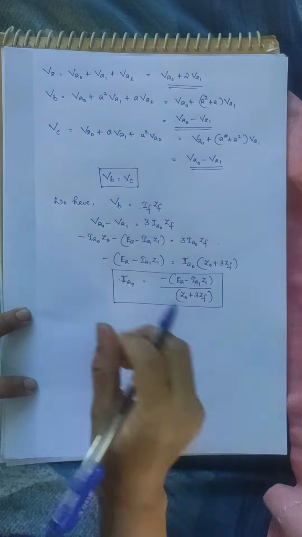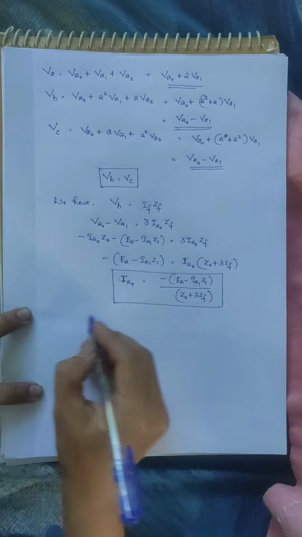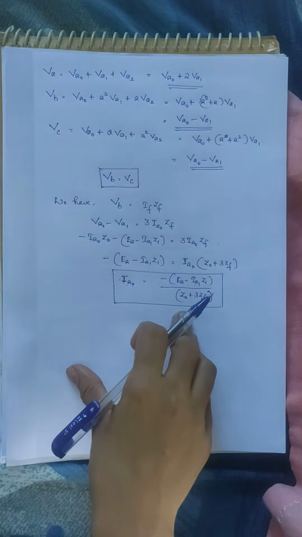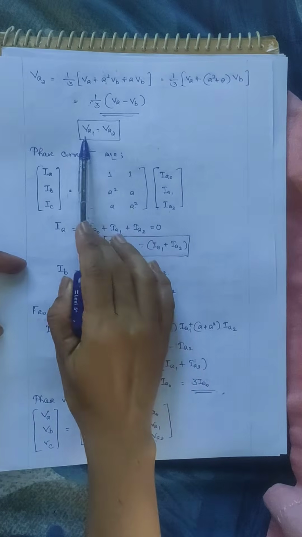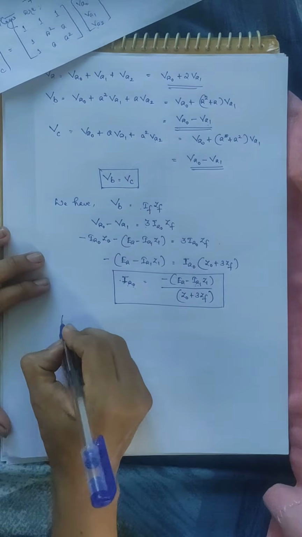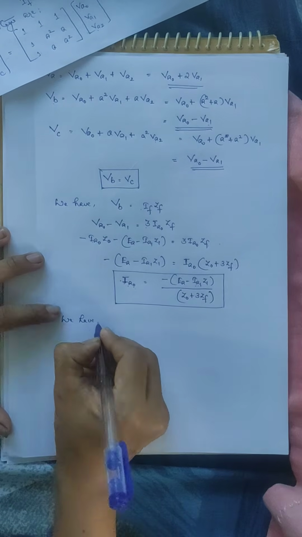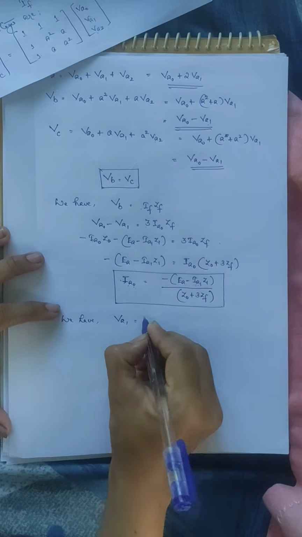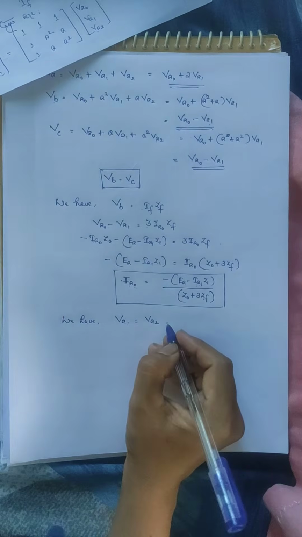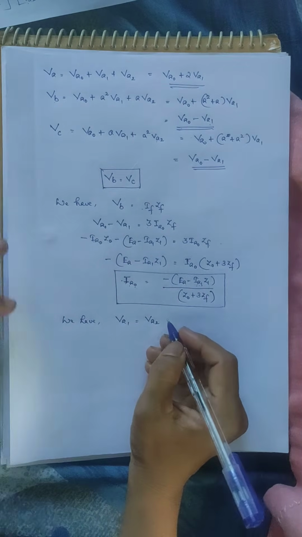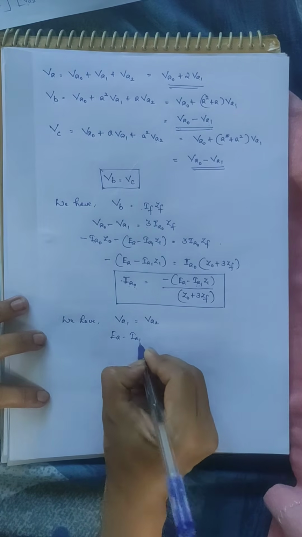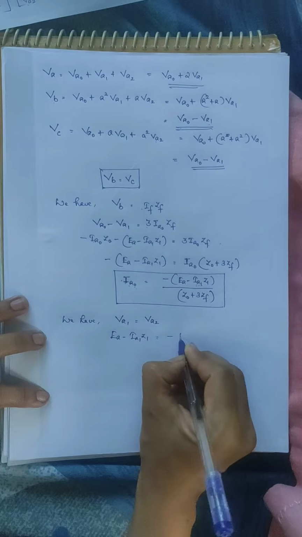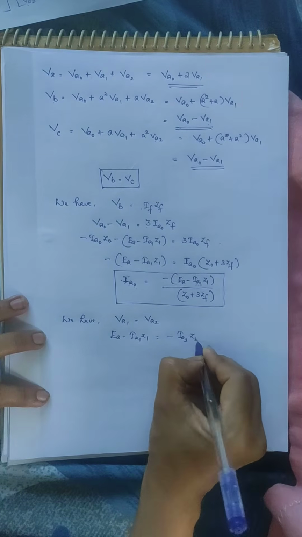Now, we had another condition, that is positive sequence voltage is equal to negative sequence voltage. VA1 is equal to VA2. So, let us consider that condition. We have VA1 is equal to VA2. Now, VA1 is EA minus IA1 Z1 and VA2 is minus IA2 Z2.